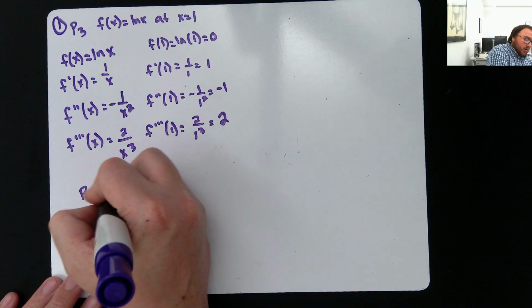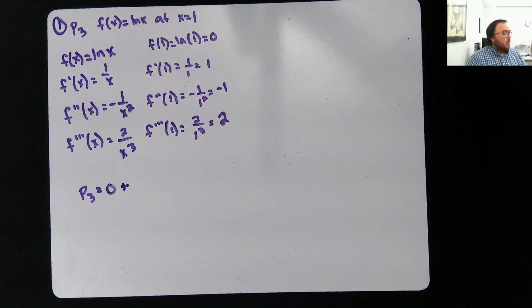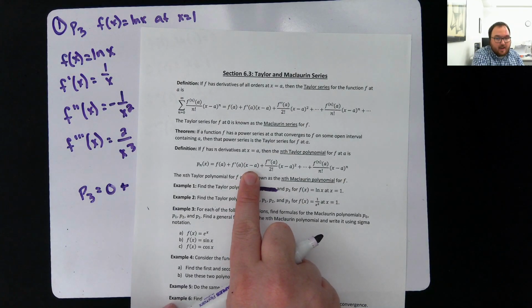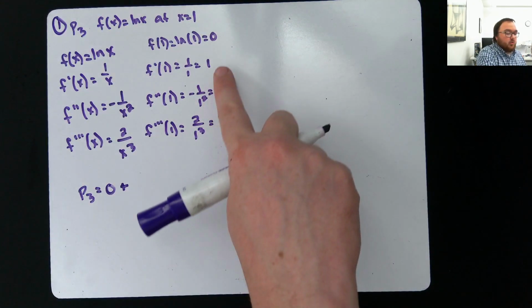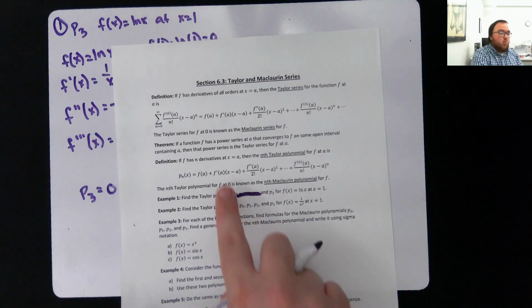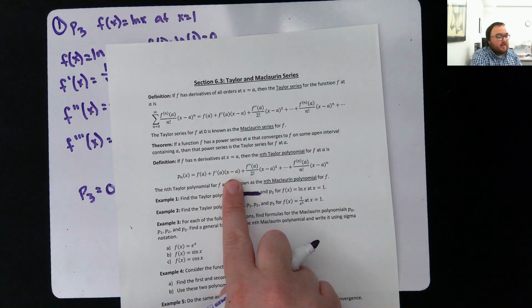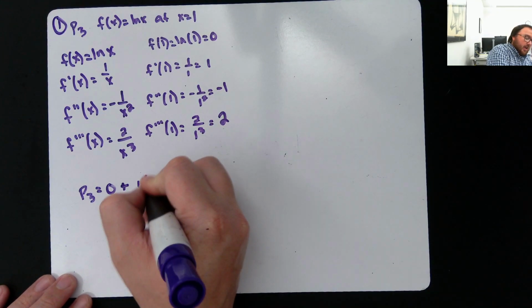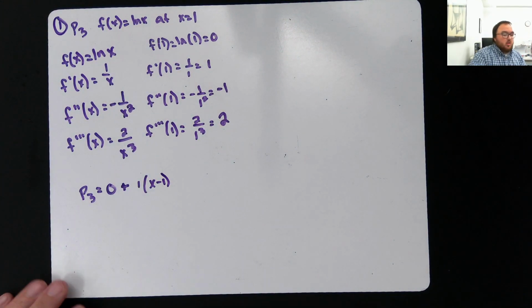So first term is 0, plus, for the second term, f prime of a times x minus a. Well, f prime of a is equal to 1, so it's just 1 times x minus a. We said our a was 1, so that's just 1 times x minus 1.